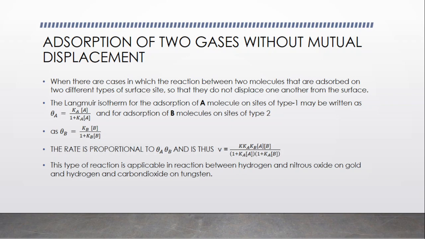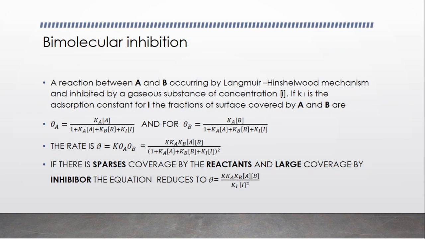carbon monoxide on tungsten. In the case of bimolecular inhibition, the reaction between A and B occurs by the Langmuir-Hinshelwood mechanism and is inhibited by a gaseous substance, depending on the concentration of the inhibitor I. If Ki is the adsorption constant for I, the fractions of the surface covered by A and B are given as follows, because they include the concentration of the inhibitor.